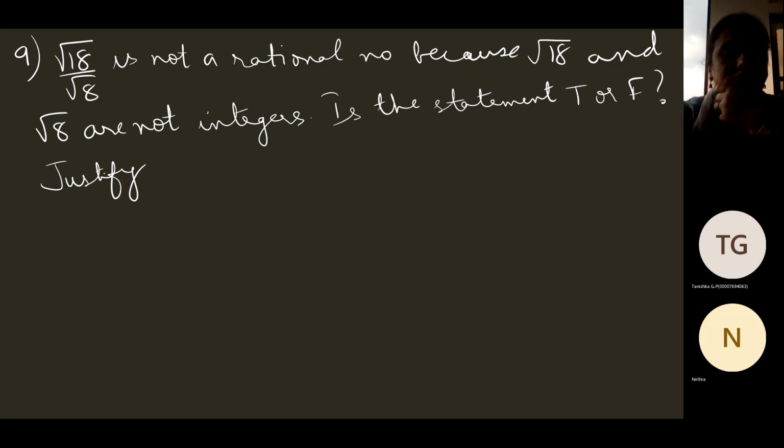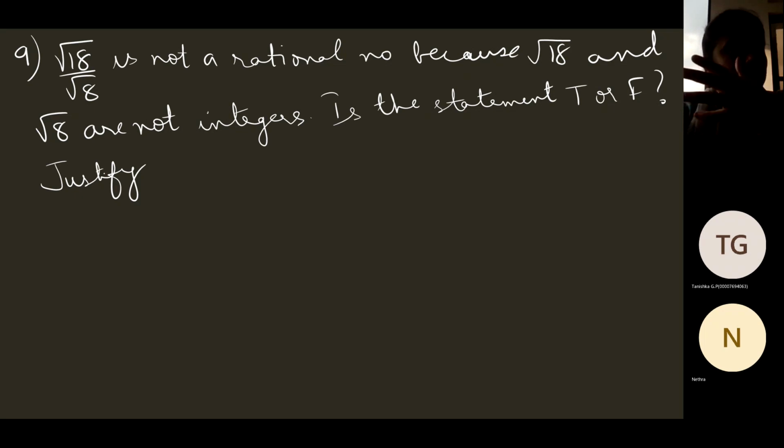Integers have natural numbers and whole numbers in them. No, that is not the reason. Now, Netra, P by Q, okay, P by Q, but how?